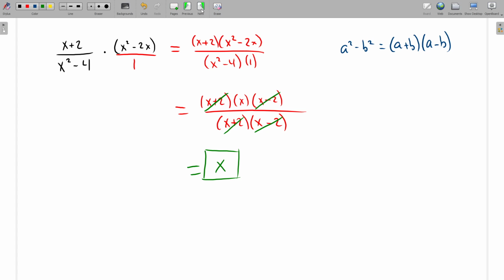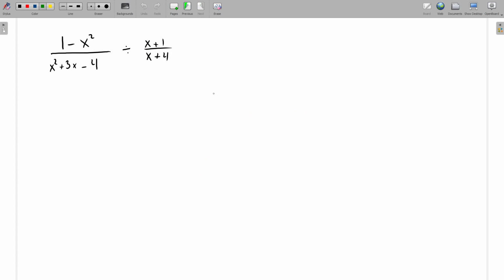Okay, we have one more example to do. And in this case, we're taking two rational expressions and we are dividing them. All right, so division is a little bit different. It just adds one step in the very beginning. So we're going to take the first piece, this 1 minus x squared, divided by x squared plus 3x minus 4, and we're going to keep it.